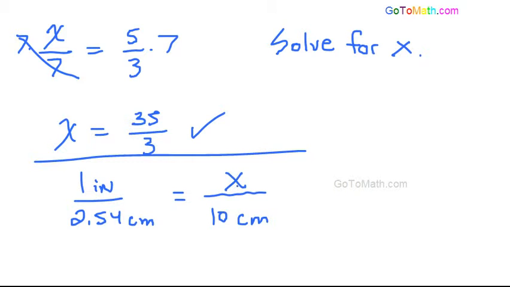You see this right here? This is x. X is the unknown quantity, and that is how many inches that would be. We know this is a definition here, that 1 inch is equal to 2.54 centimeters, and if you had a 10 centimeter bar, how many inches is that? So you see, that's how useful this is.